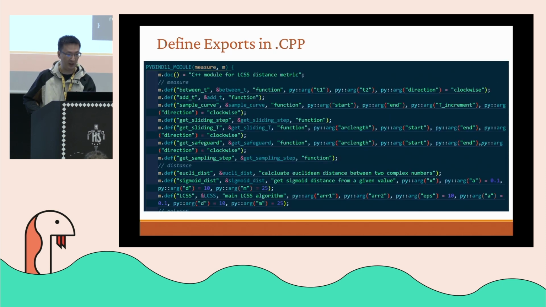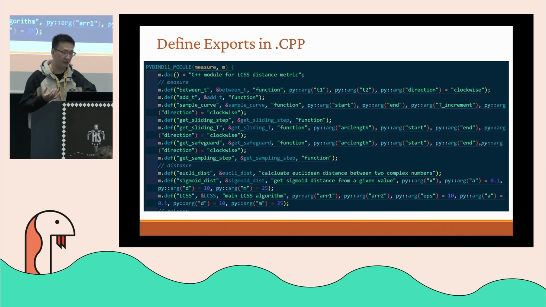An example of defining functions in C is to port these functions via pybind11. So we can define functions in C and export them as native functions that can be imported in Python.